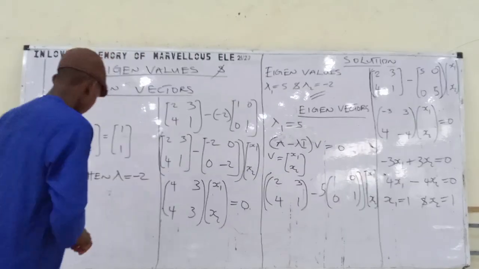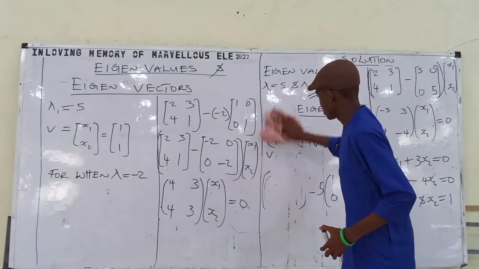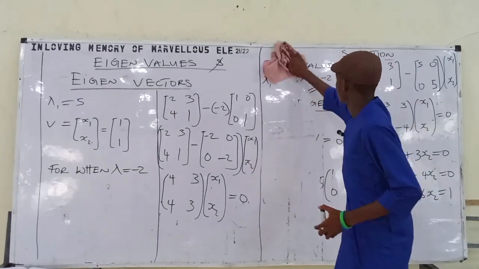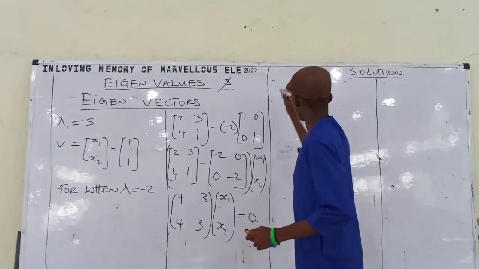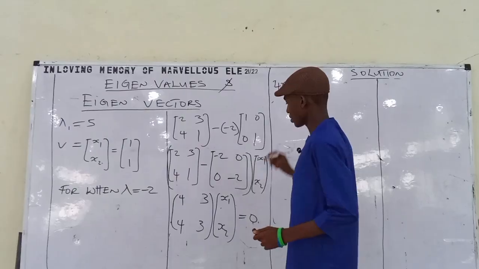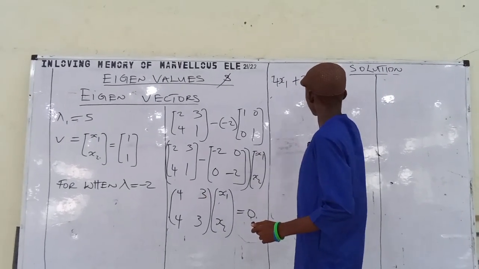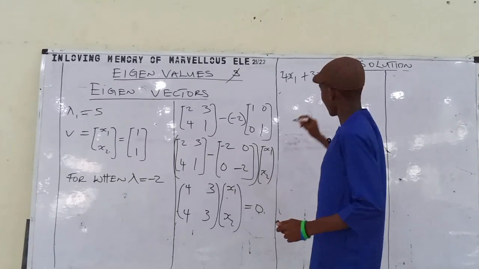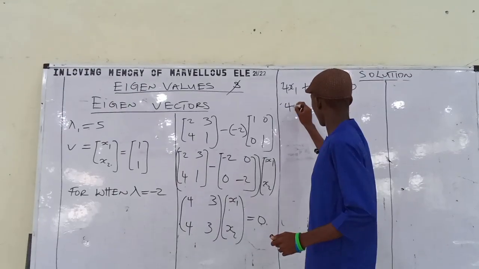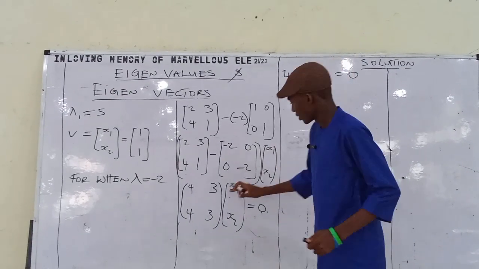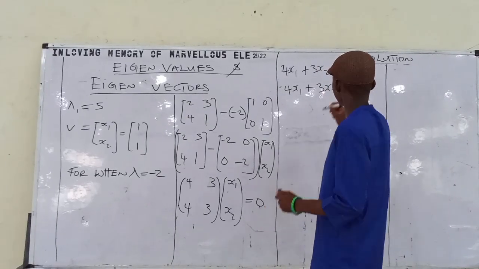We are moving slowly. So now let's multiply these two together. 4 times x1, 4x1, plus 3 times x2, 3x2, equals 0, and 4x1 plus 3x2 equals 0.